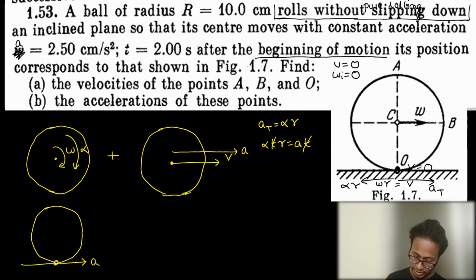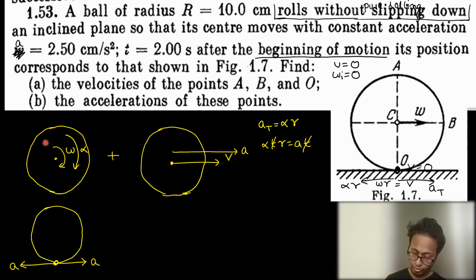Due to rotation, the acceleration would be equal to alpha into r, where alpha is a by r, because in the previous part of the question you already derived a is equal to alpha into r. So the acceleration due to the rotational component will also be equal to a.